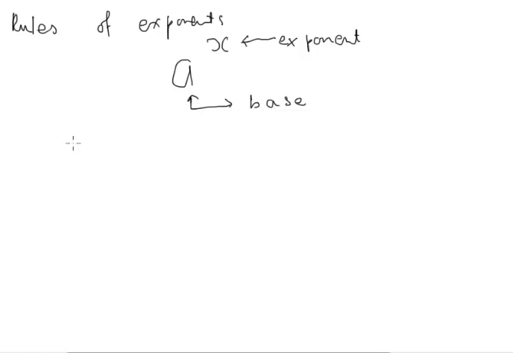I've already explained this. First of all, we know that a to the power x multiplied by a to the power y, what's that going to give us? A to the power x plus y. Then we've got a to the power x divided by a to the power y, which becomes a to the power x minus y.